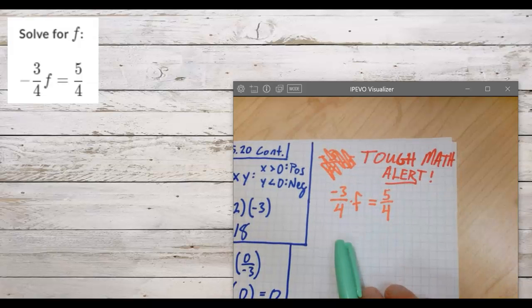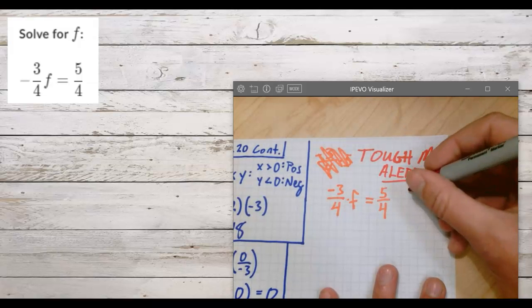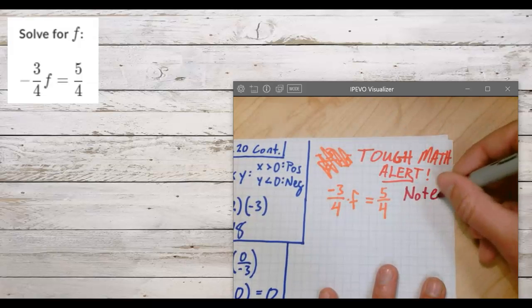Now we're going to write this down, but I'm going to jump down to the bottom of my paper to do it. So a color we haven't used today, kind of this pinkish. I'm going to make a note down at the bottom.